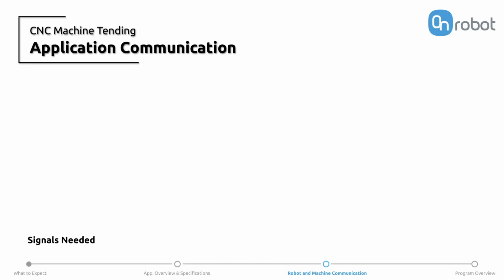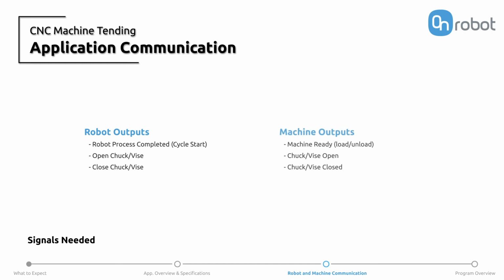After seeing what is required to successfully automate a CNC, let's highlight the recommended signals to reliably run a robotic CNC machine tending application. More signals could be added, but it all comes down to the needs of the process and how much feedback is required.